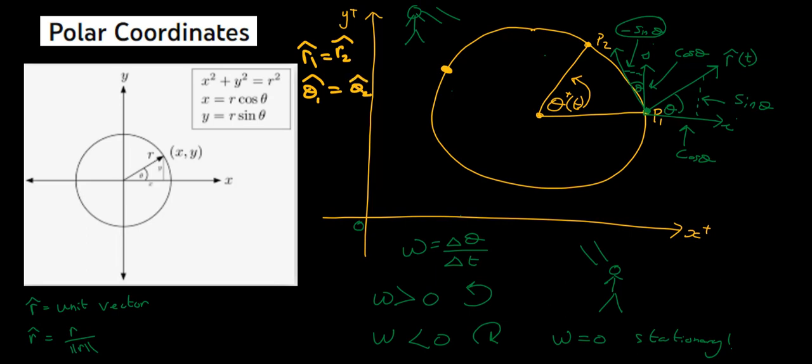Now the magnitudes of the vector will be equal, but don't forget a vector has magnitude and direction.